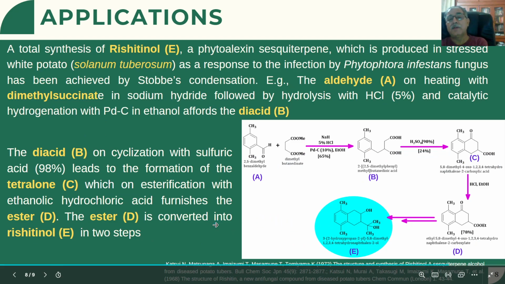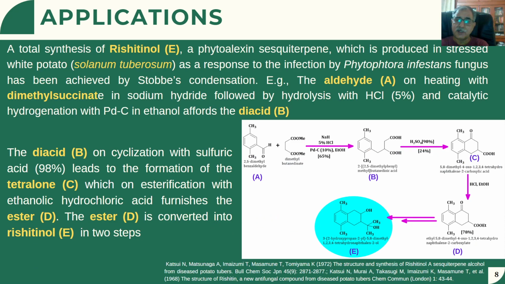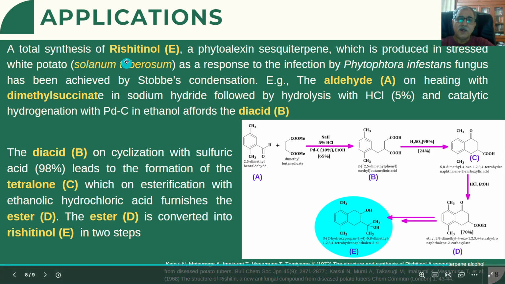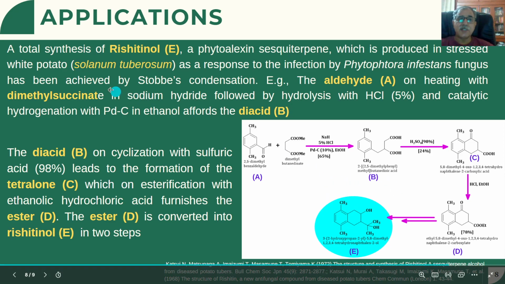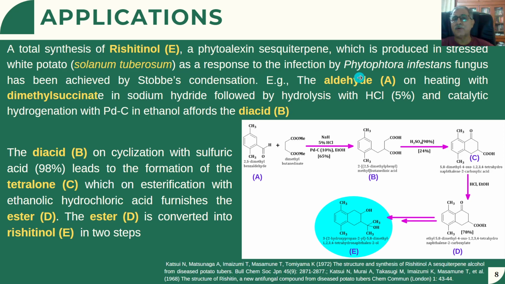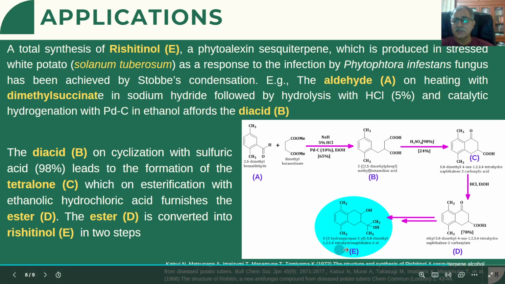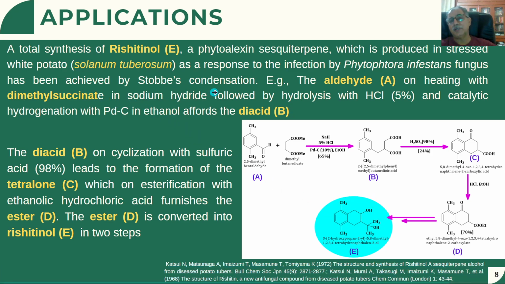Then another biologically active compound is rishitinol. This is a phytoalexin sesquiterpene, which is produced in stressed white potato, that is Solanum tuberosum, as a response to infection by a fungus, Phytophthora infestans. The synthesis of this compound can also be achieved by Stobbe condensation.